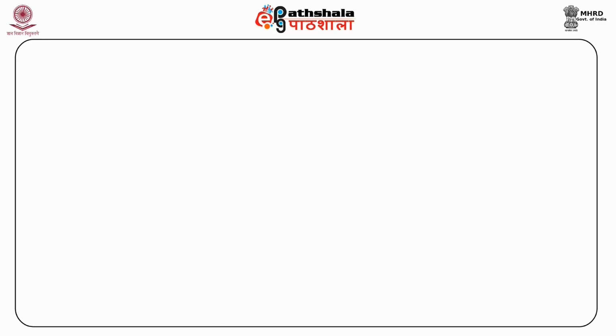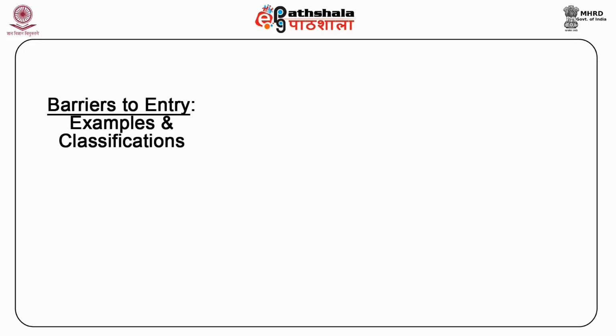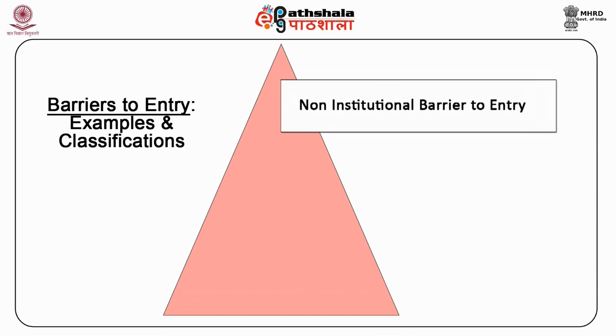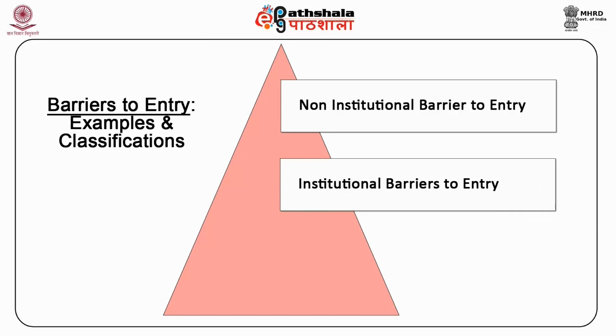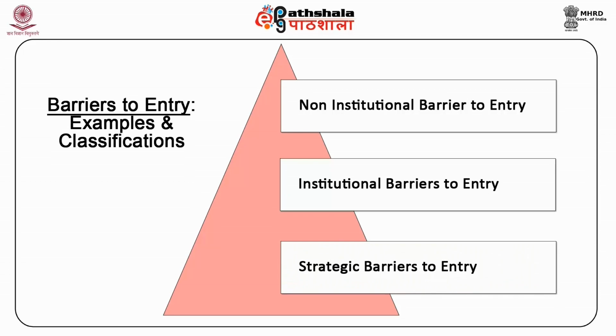Let us now look at examples and classifications of barriers to entry. Barriers to entry have been classified as non-institutional barriers to entry, institutional barriers to entry, and third, strategic barriers to entry. Let us study each one in detail.